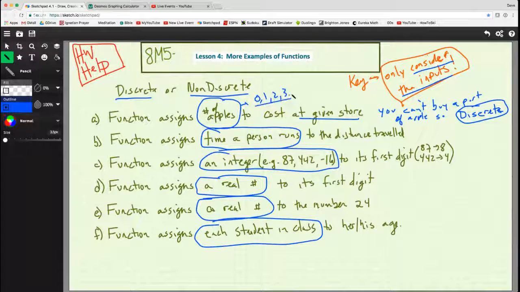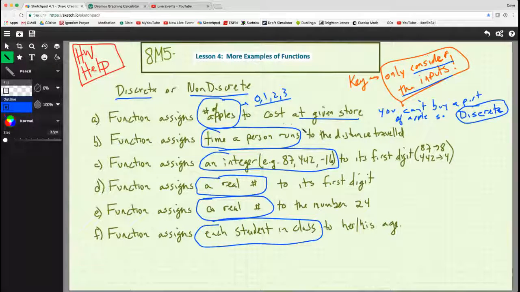Those are your inputs. So this is a discrete function, which is different than if, let's just say, for example, you bought, if you've ever been to the store and you buy something in a bin, like flour out of a bin, not out of a bag, but they have these bins where you put in a little scooper and you pull things out. That'd be not discrete. But that's an aside. That's not one of our 6 problems here.